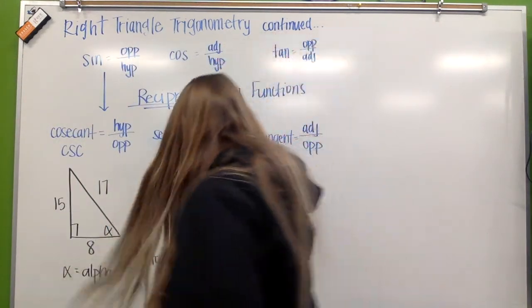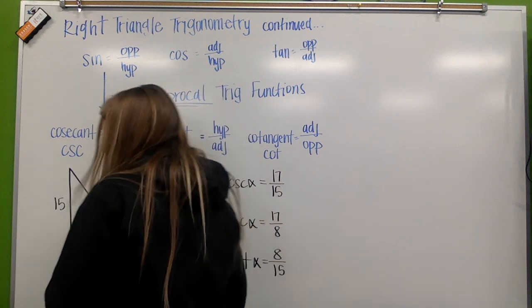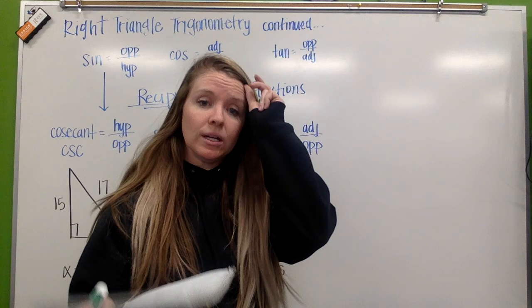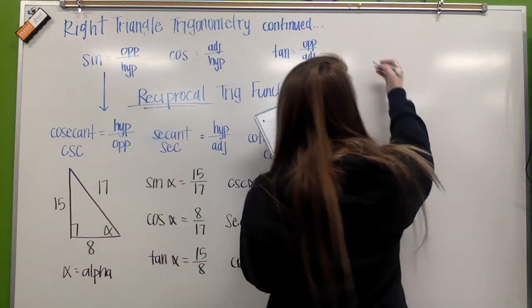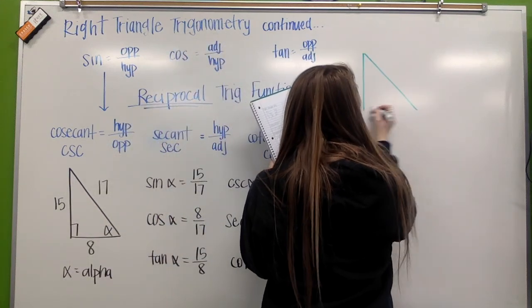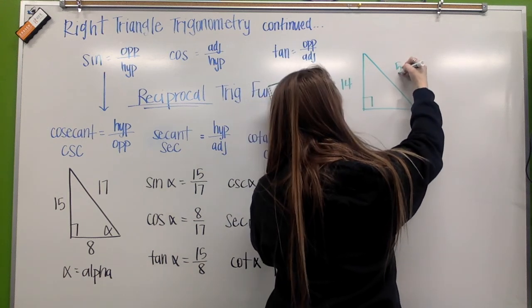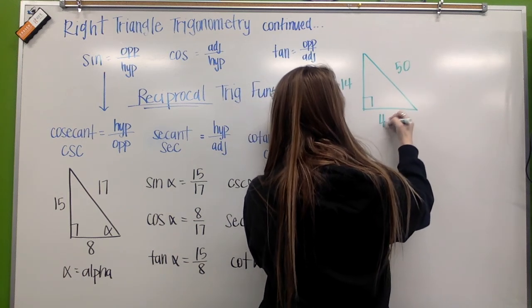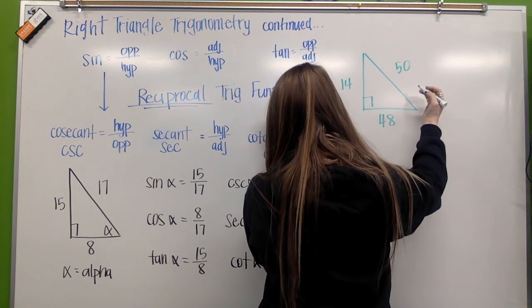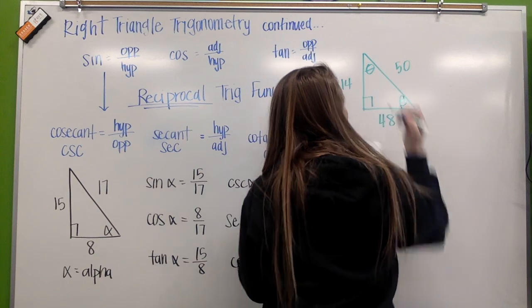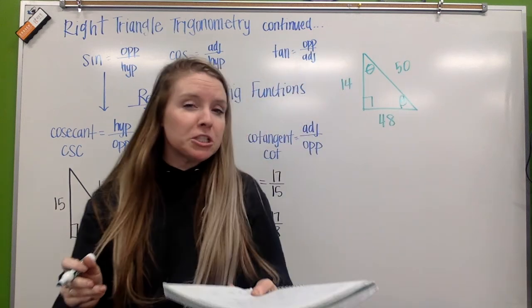There we go. I'll give you one more practice problem here. You can go ahead and hit pause, try it on your own, then come back and check. My triangle this time is going to have side lengths 14, 50, and 48. I'm going to call this angle beta and this angle theta. So I'm going to switch it up a bit.